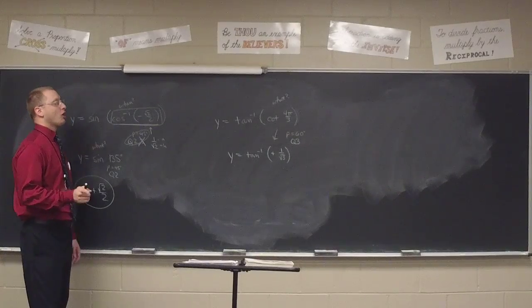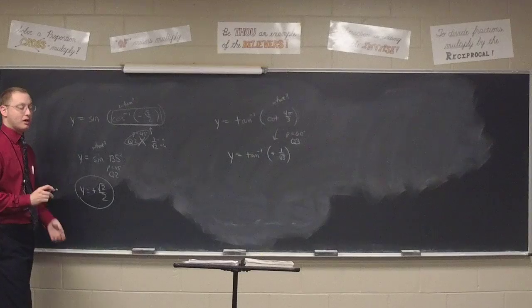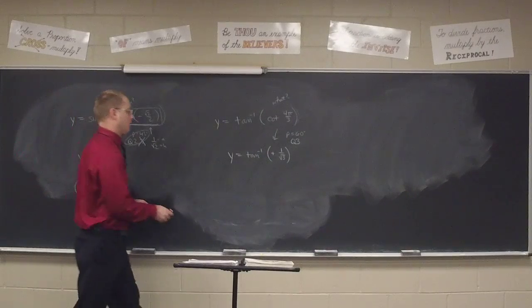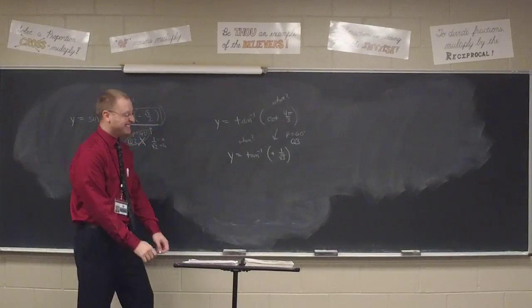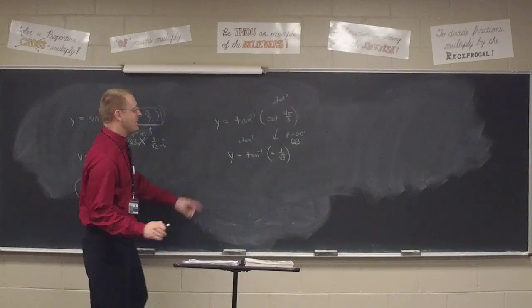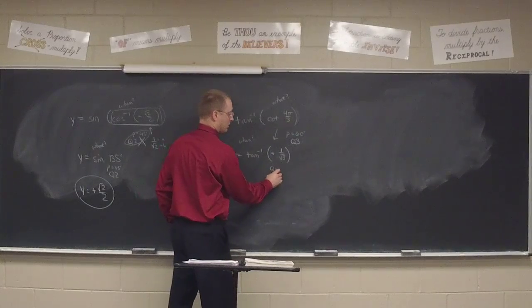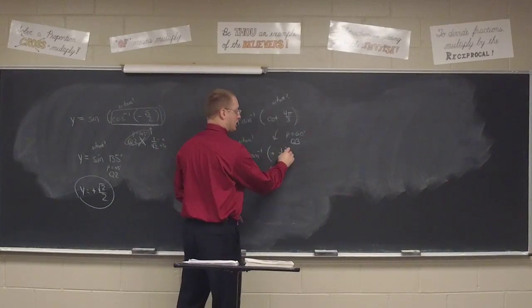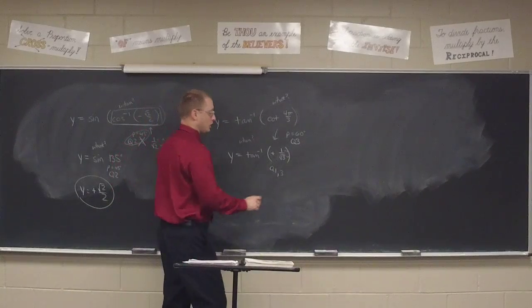Now my question changes because we're dealing with an inverse function. So my question becomes, when? When is tangent positive? When is tangent, opposite over adjacent, 1 over square root of 3? 30.